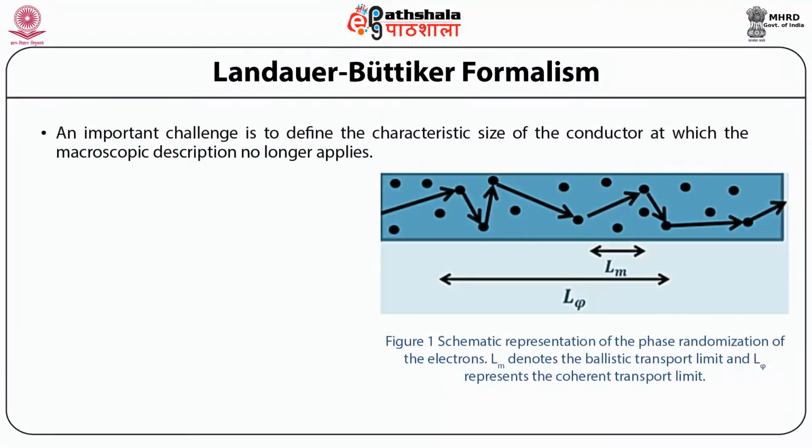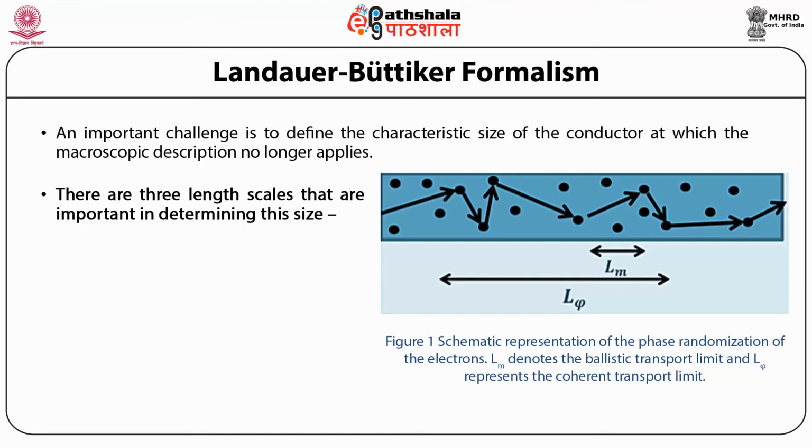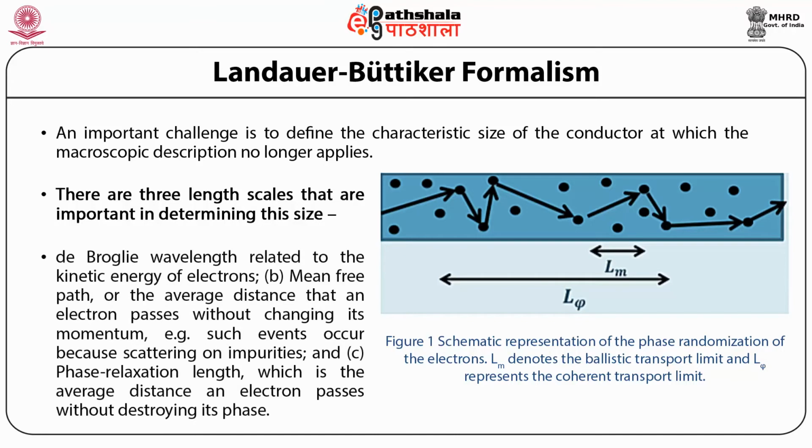One significant challenge is defining the characteristic length or the dimensions of the conductor at which macroscopic explanation fails. The significant length scales deciding this dimension are the de Broglie wavelength associated with the kinetic energy of electrons.